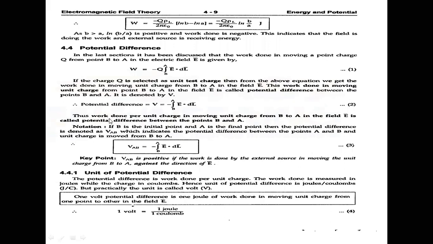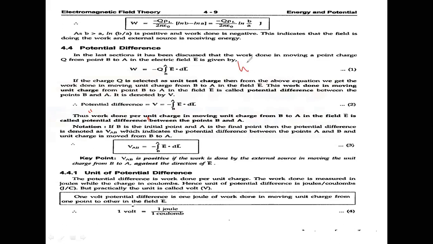Simply we can say, work done per unit charge in moving a unit charge from B to A in the electric field is called potential difference. This is the definition, my dear students, for the potential difference.